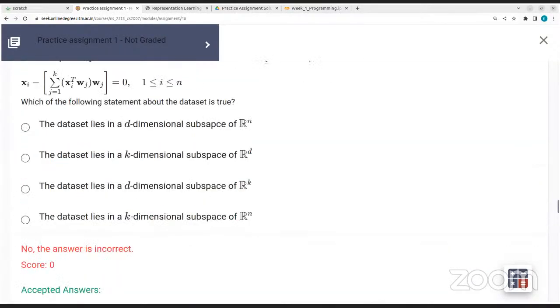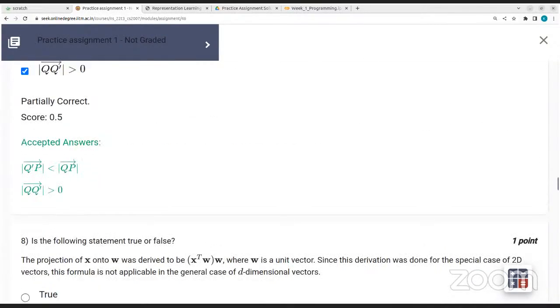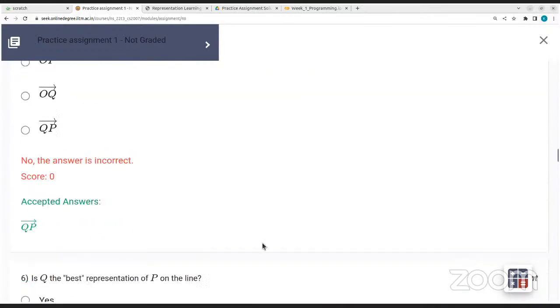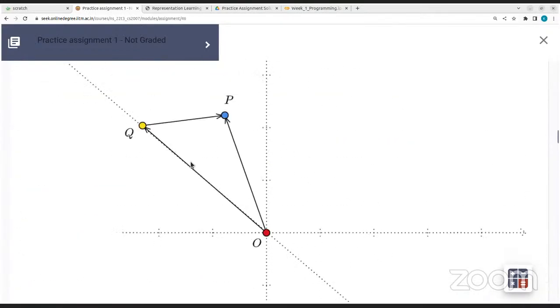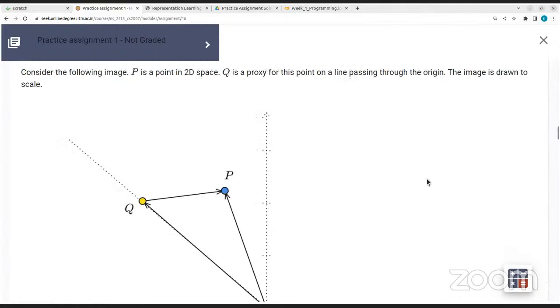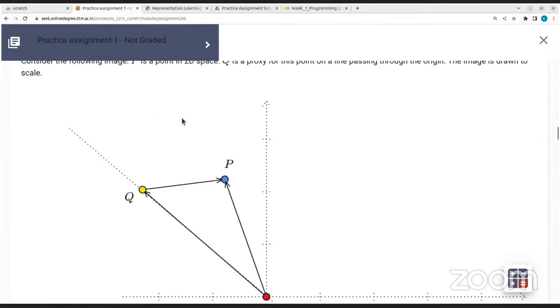Q and Q prime are not coincident. They are different. Q is here, Q prime will be somewhere here. And since we have drawn it to scale, you must just take the image as it is. Q and Q prime are not the same, right? So the Q prime vector will have a non-zero length.